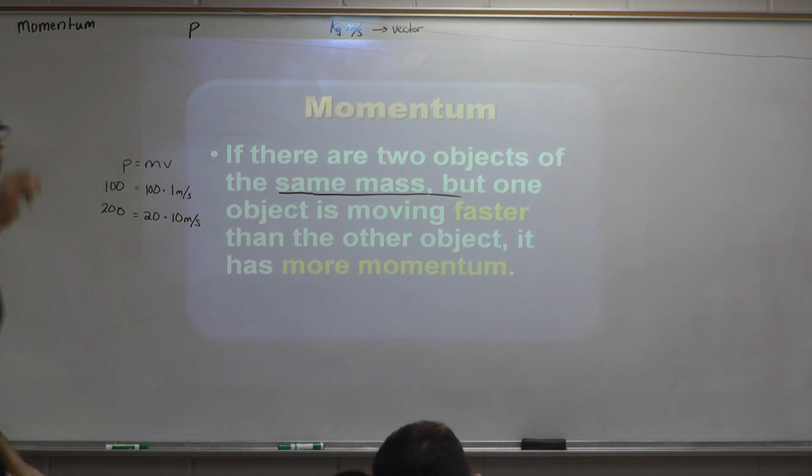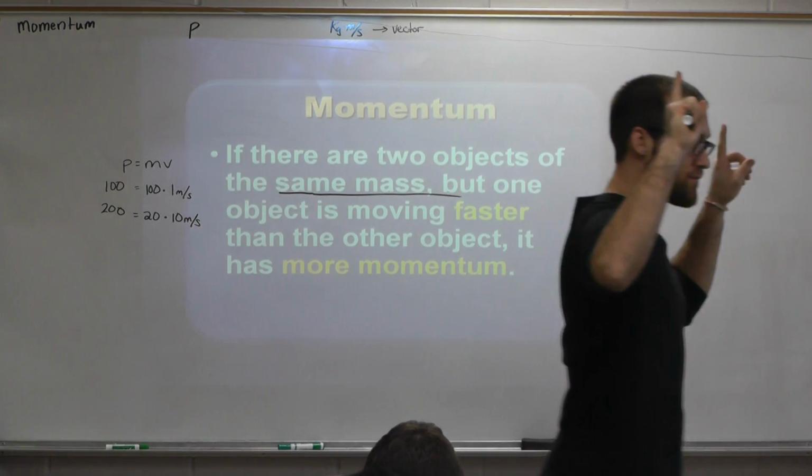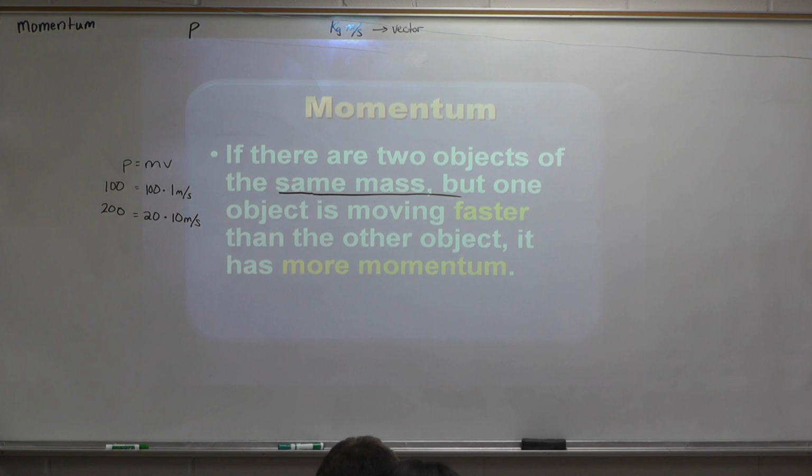If I have a bowling ball and a tennis ball, and the tennis ball is moving faster, can you prove to me that the tennis ball has more momentum? No, because they have different masses.